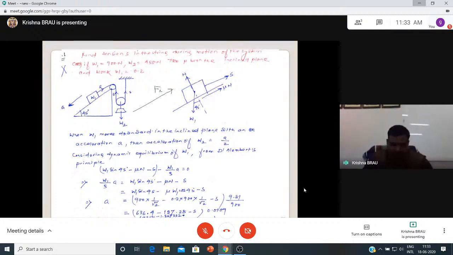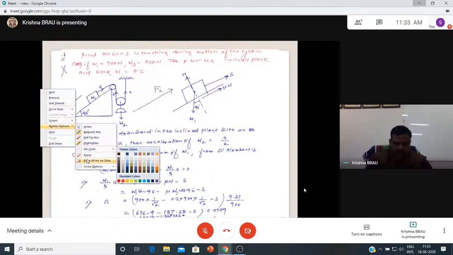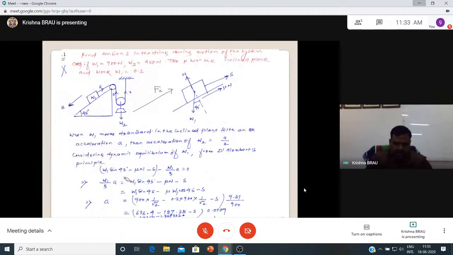Now this equation can be further simplified. In this equation, W1 sin 45 minus mu times normal reaction equals mass into acceleration.